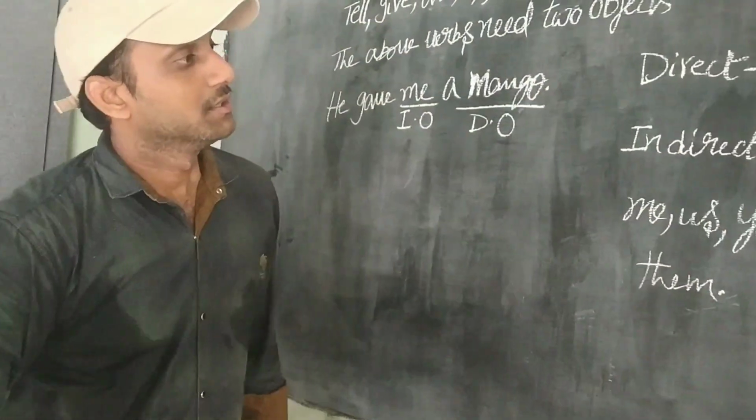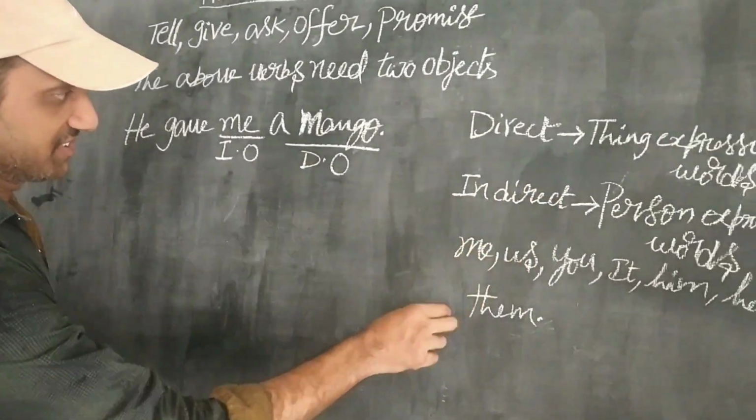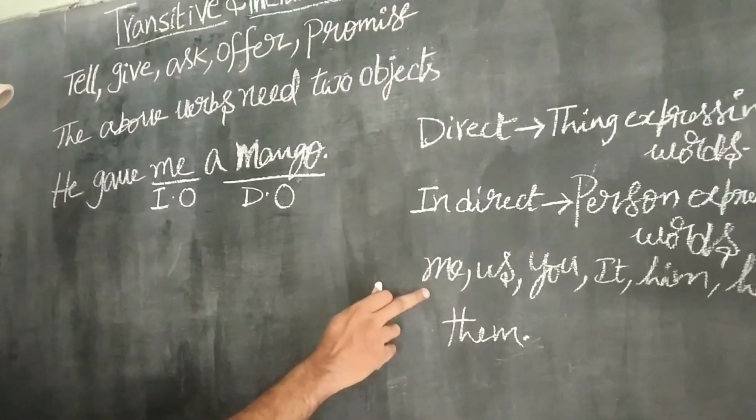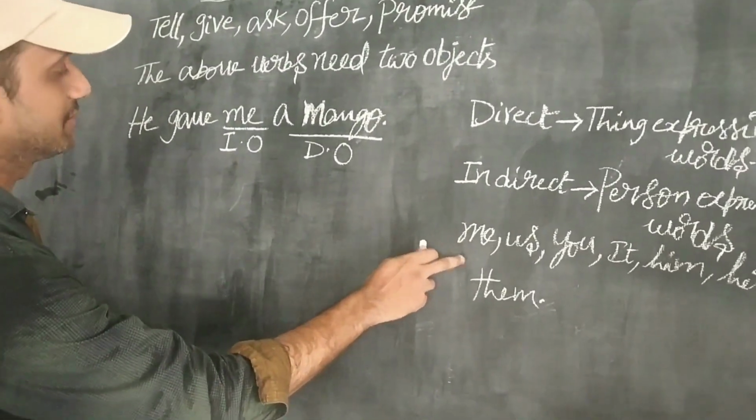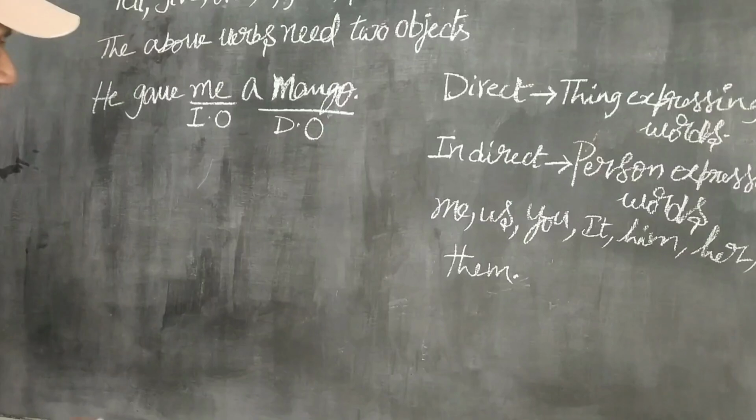These are person-expressing words. We have to consider these all as indirect objects.